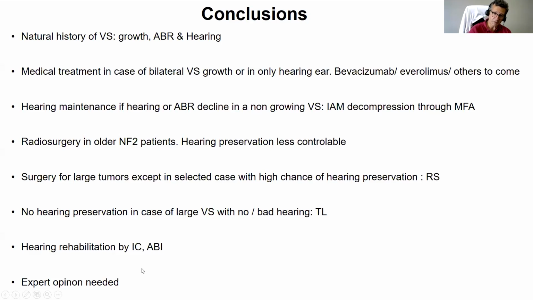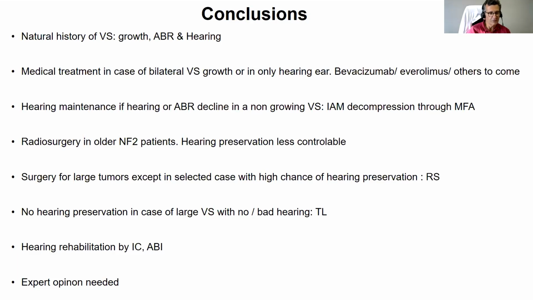And the other take-home message is that expert opinion is needed in this rare disease, not at the late stage to decide if you need bevacizumab or everolimus, but from the beginning, because you have some window of opportunity for tumor removal with hearing preservation, or to decide follow-up, not to rush on a treatment.